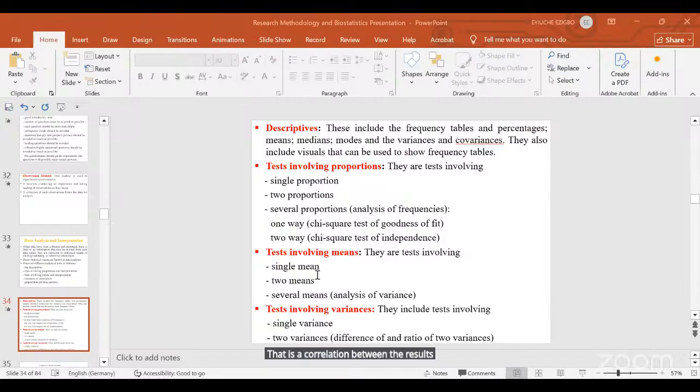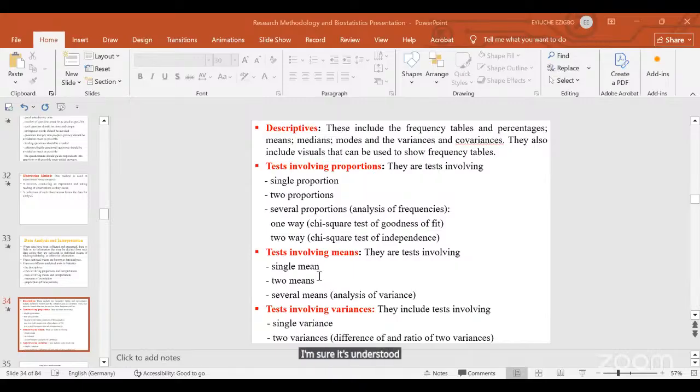Those that performed better before, if they continue to perform better, the question will now be, what is the significance of this training? The significance of the training is going to be obtained by the differences between the pre-test results and the post-test results. I'm sure it's understood.